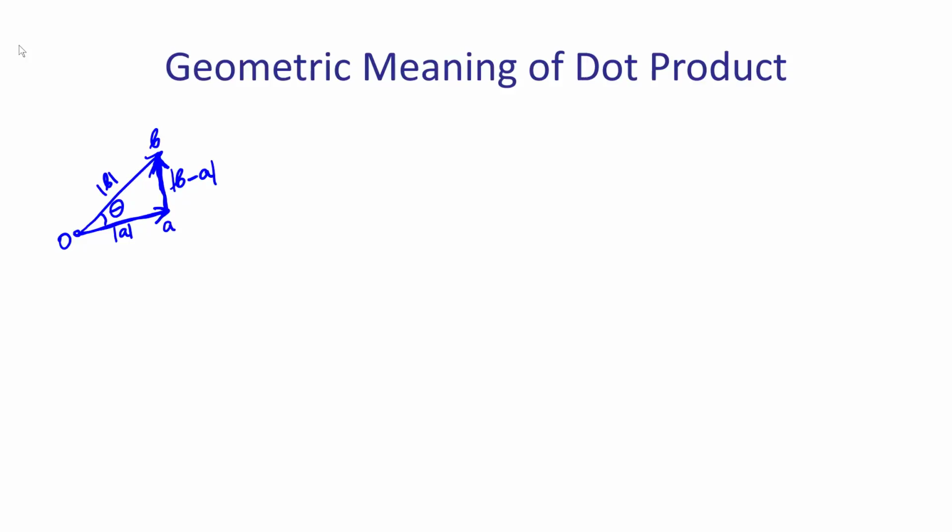Now, for the triangle that I've got between those two vectors, and you can think about them as vectors in some coordinate system, but it's not important in that case, if I write the cosine theorem for that triangle, this is what I will get.